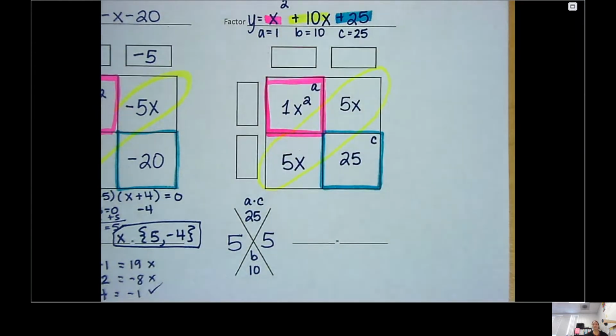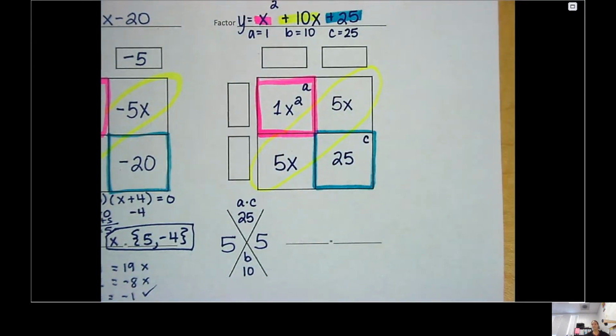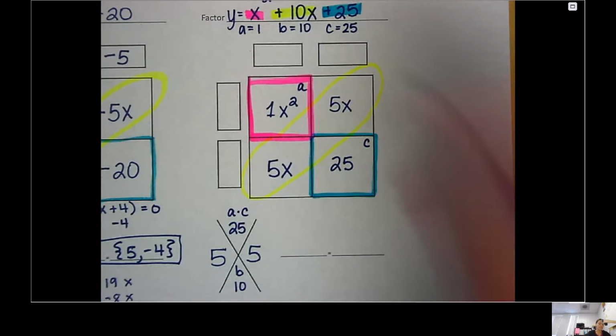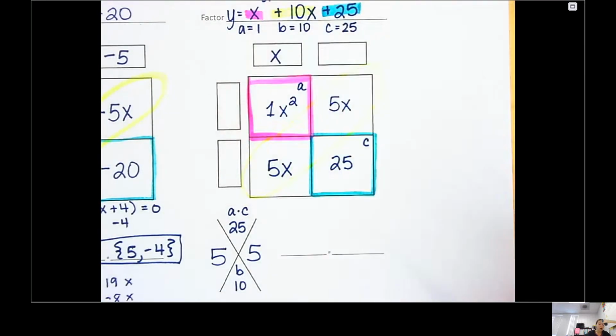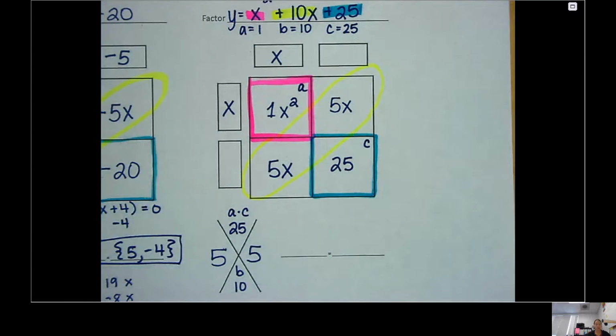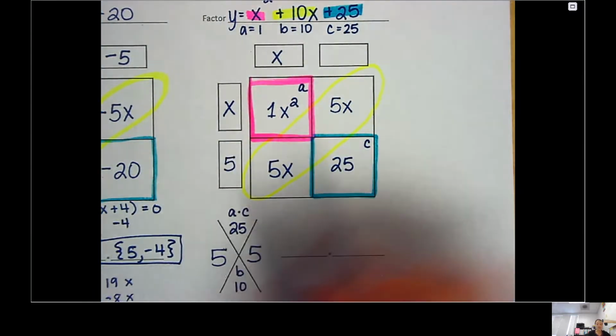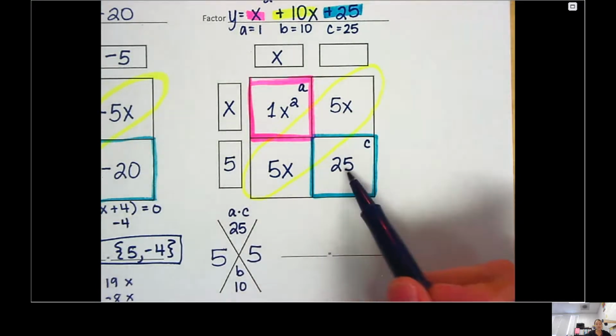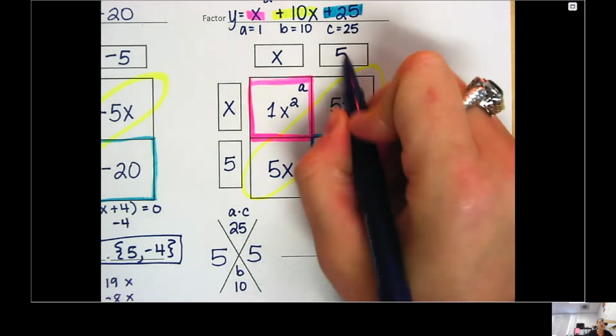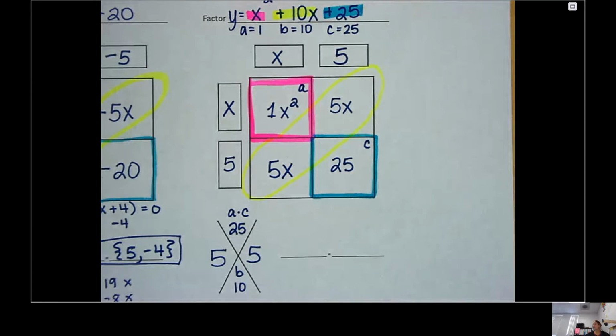Okay. You put the x in the first top, and then you put 5 and 5 in the other two boxes. Okay, so x times 5 gives you 5x. You could even say 5 times 5 gives me 25, right? There's a lot of ways to go about it. So your two factors are what?